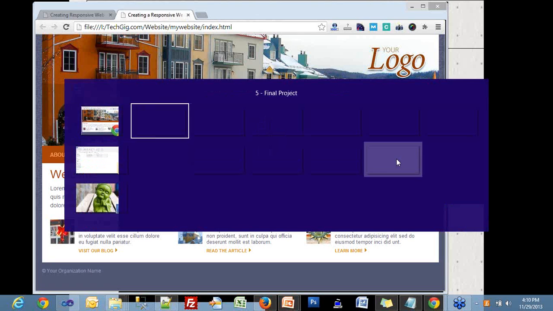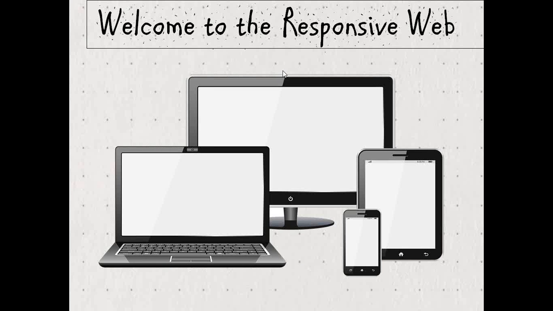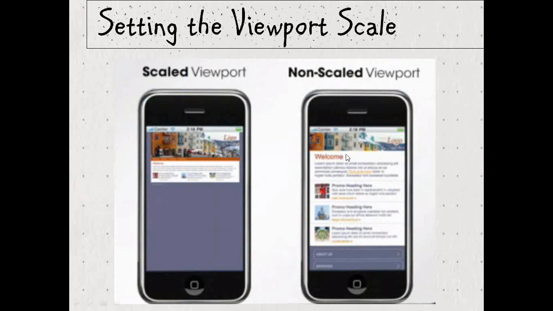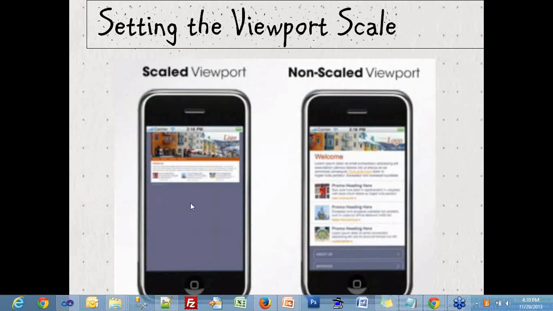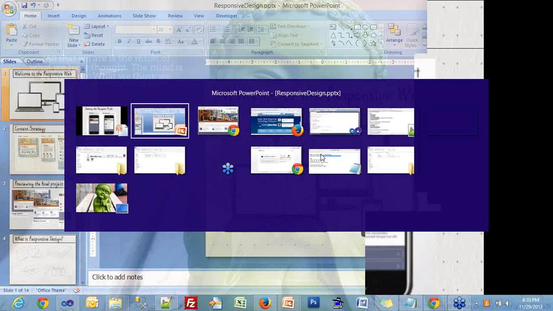Here you can see, if you don't define the initial scale, then on mobile devices the browser will take it as a scaled viewport mode, so your design will get scaled. To design in a non-scaled mode, you need to use the initial scale and give it 1.0.